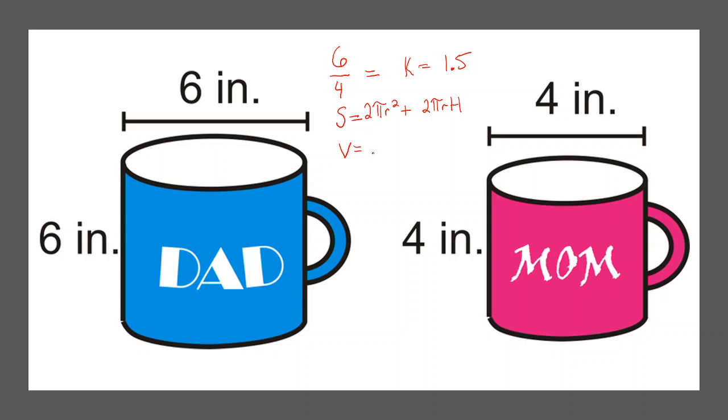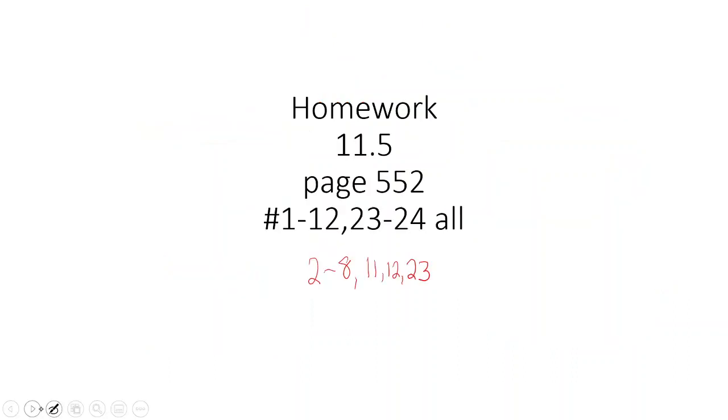And volume is calculated by pi r squared h, base times height. Okay, so that's how you calculate the values. So let's kind of work it out. Let's work with the pre-image, Mom's coffee cup first.